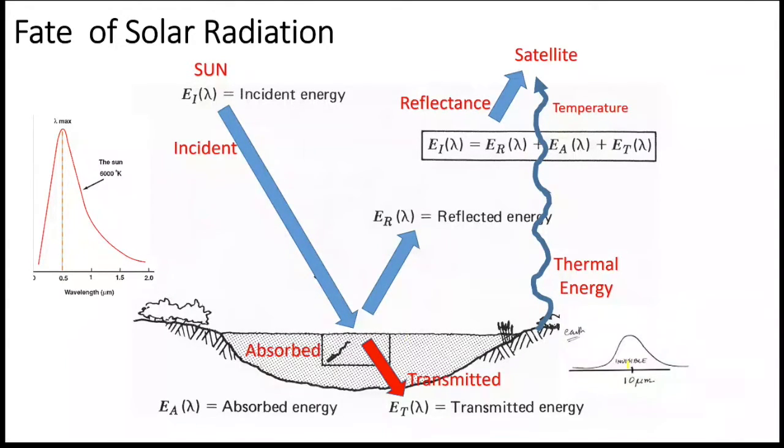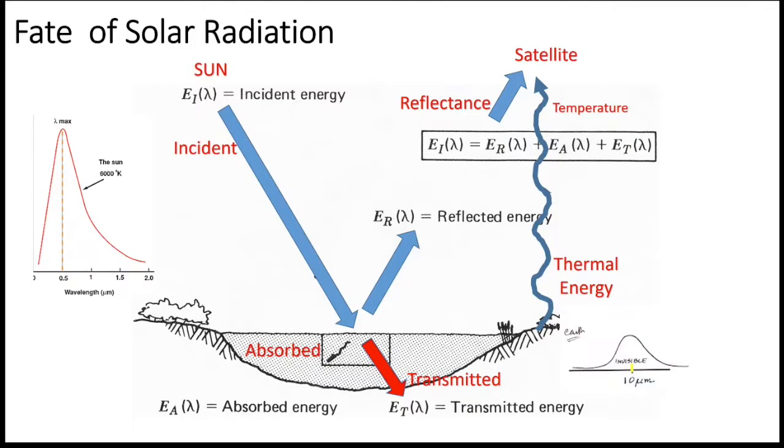The next thing is that the amount of solar radiation that is absorbed is now re-emitted by the Earth at a fundamentally different wavelength, at 10 micron. So the peak of the Earth emitted radiation is 10 micron. And you will see that a lot of satellites sense the radiation at 10 micron. There are reasons for that.